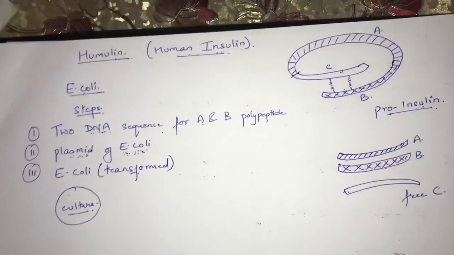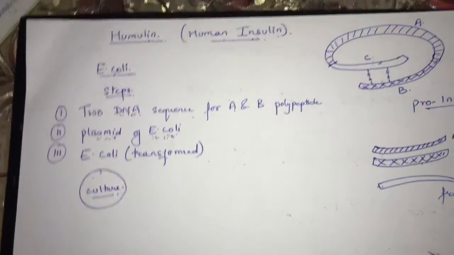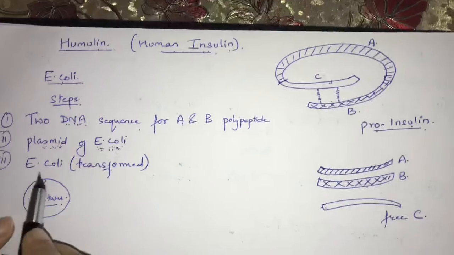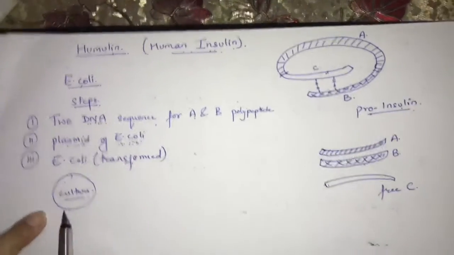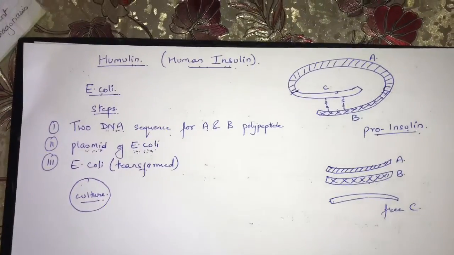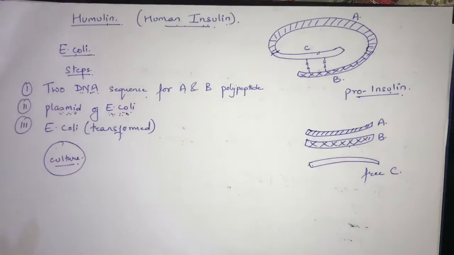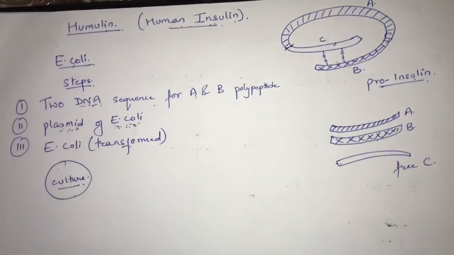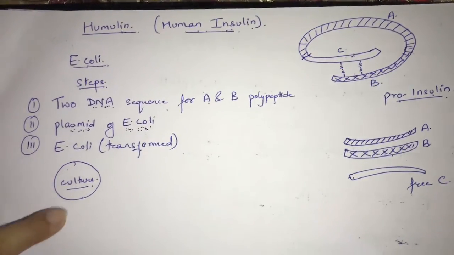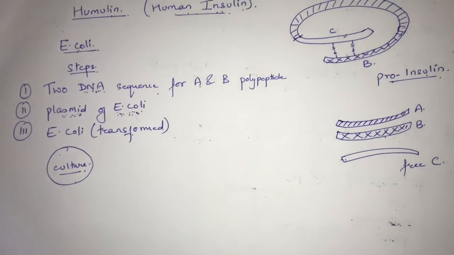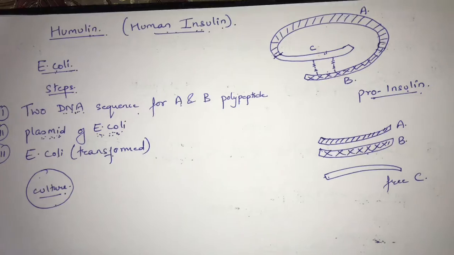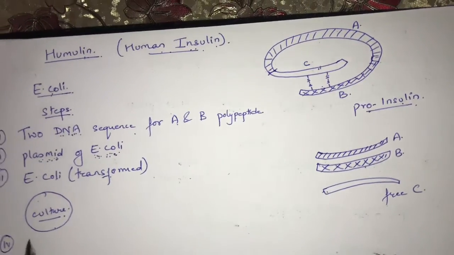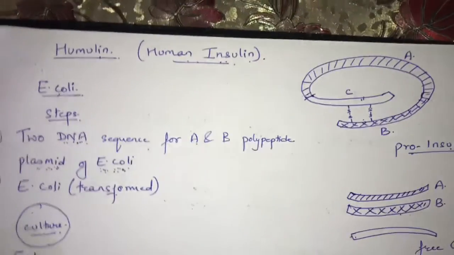Now extract the polypeptide A and B. When this E. coli bacteria is cultured, there will be a number of E. coli bacteria, not only one single. After it makes multiple copies and reproduces and makes a lot of progeny, there will be extraction.